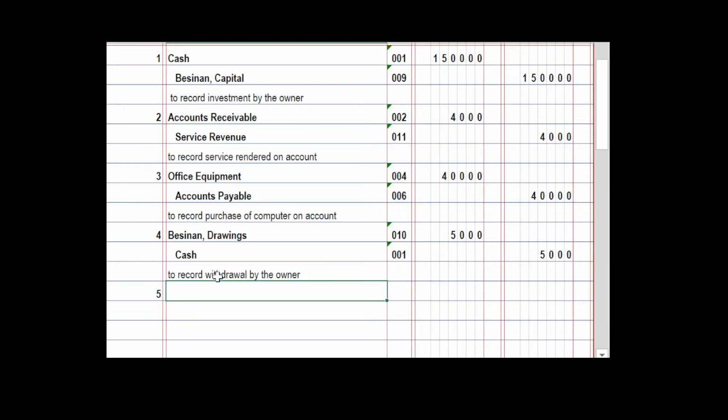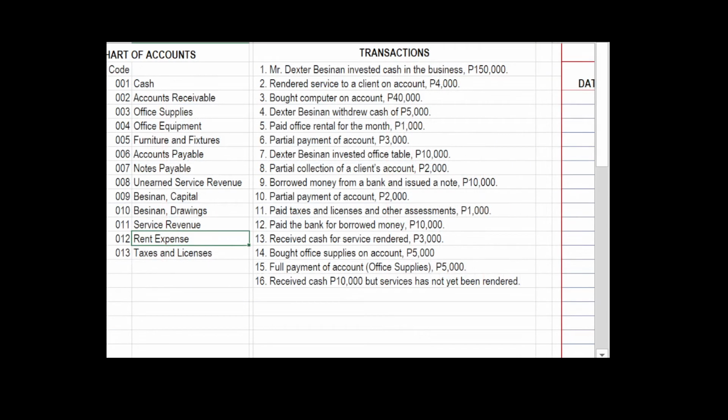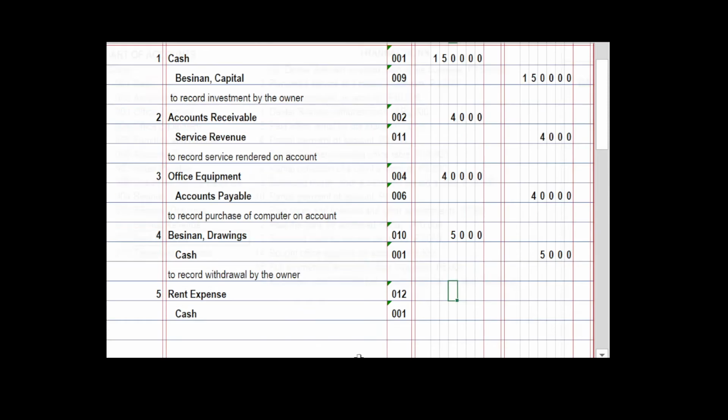So, debit tayo ng rent expense, and then credit tayo ng cash. Okay, 012 and then 001. Yung amount natin is 1,000.